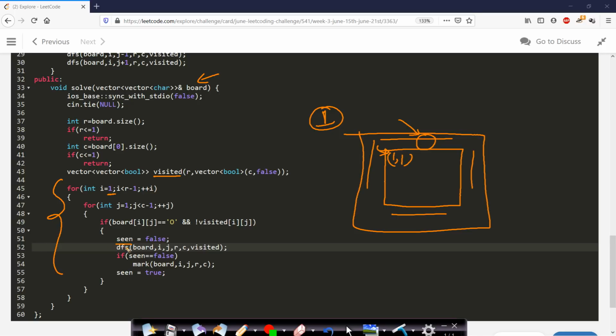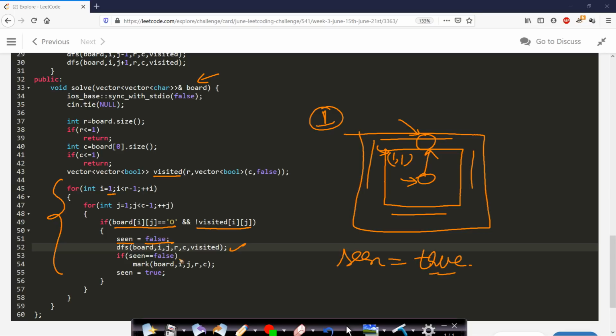This is a global seen variable. I am making it false every time. Now if we find that the current position on the board has value 0 and that position is not visited, I will make the seen variable false and explore the entire island. After exploring the entire island, if I find that this 0 is connected to a boundary 0, then seen will be converted from false to true.